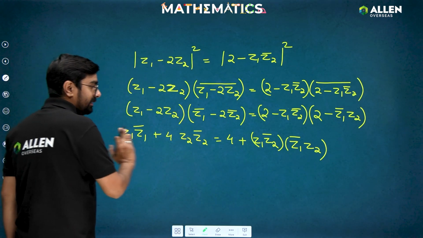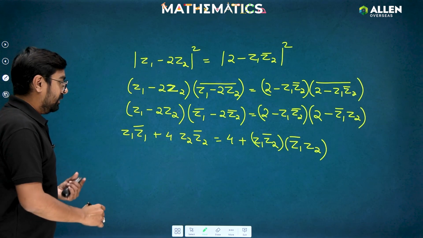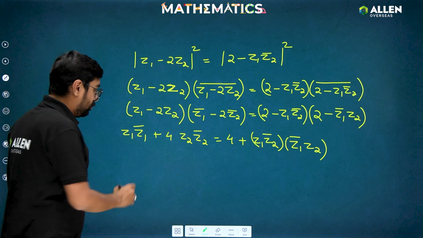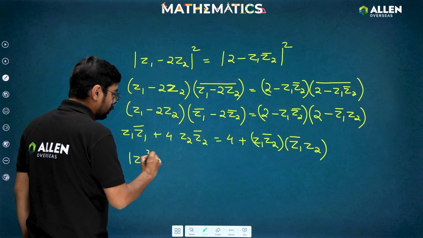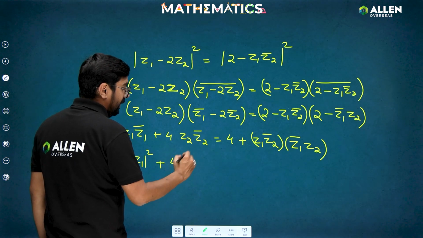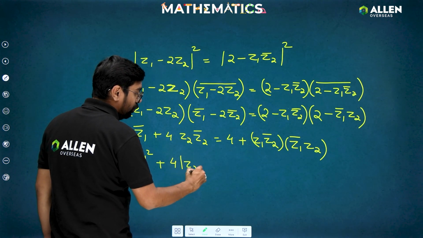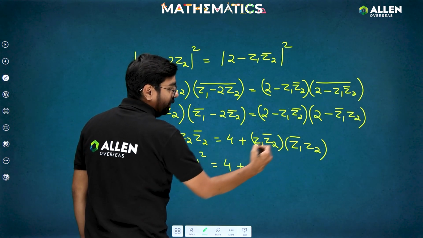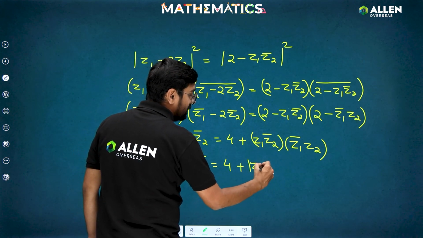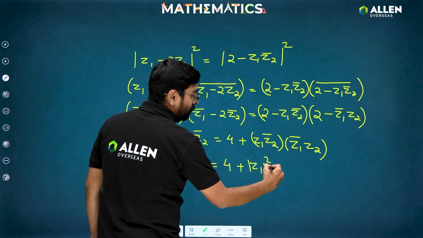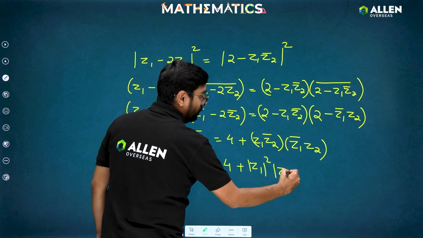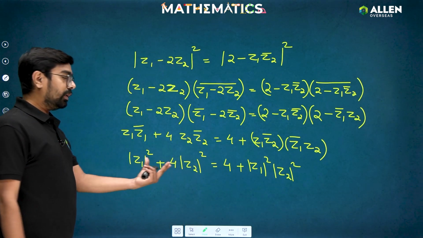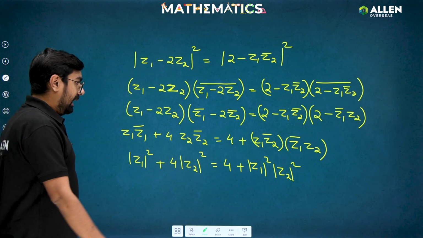So this can be written as: z1 into z1 conjugate is going to be mod of z1 whole square, plus 4 into mod of z2 whole square, is equal to 4 plus mod z1 square and mod z2 square. So this is what I finally have.